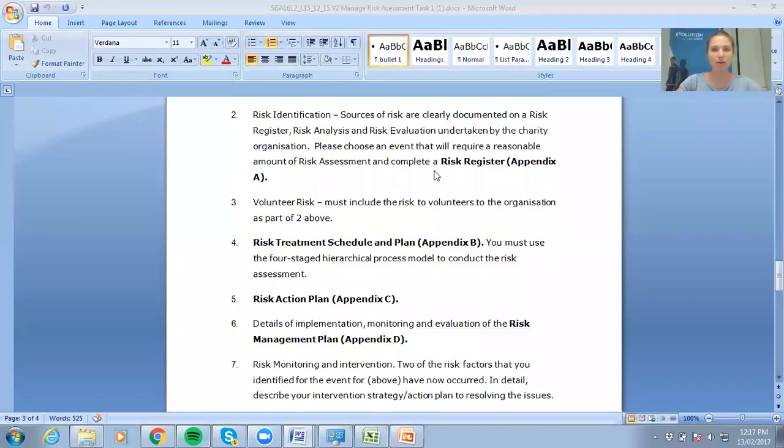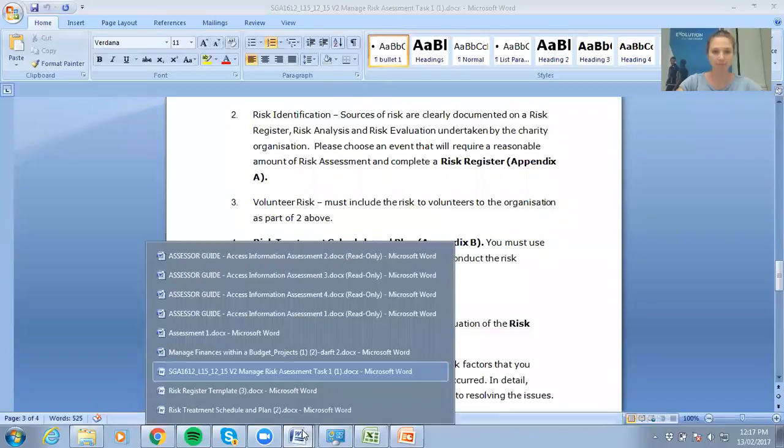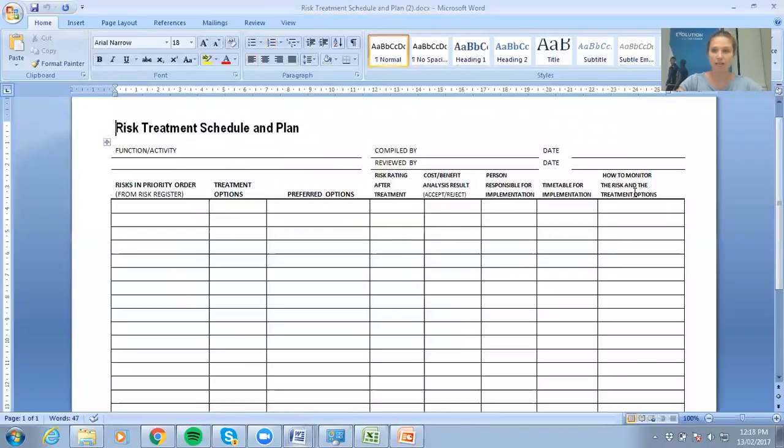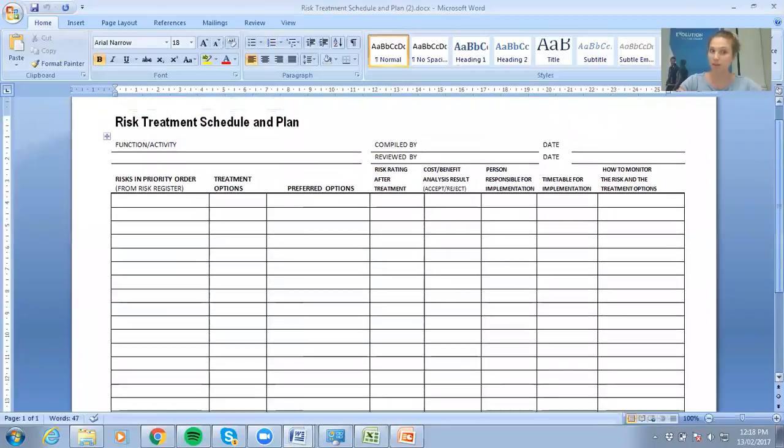Okay, so if we open up Appendix B, the risk treatment schedule and plan, this is what it should look like.